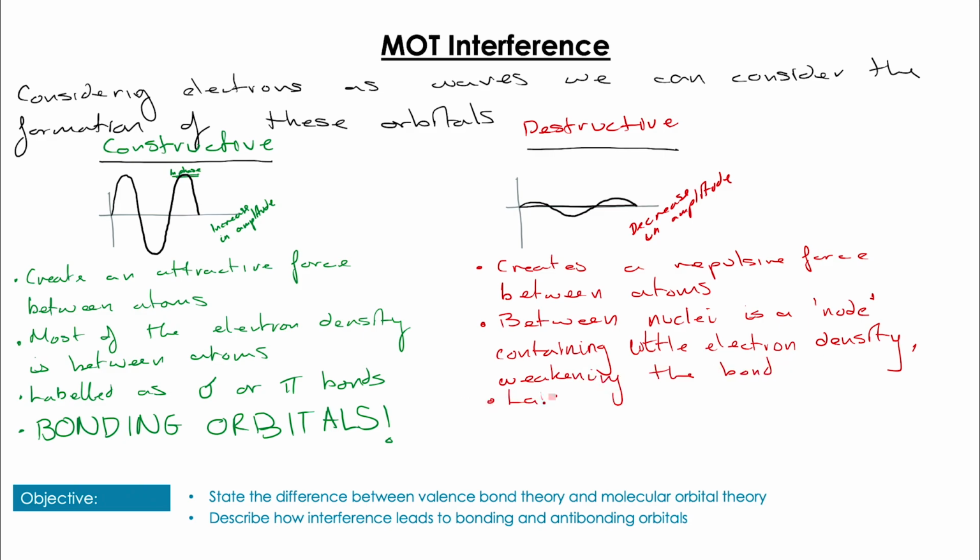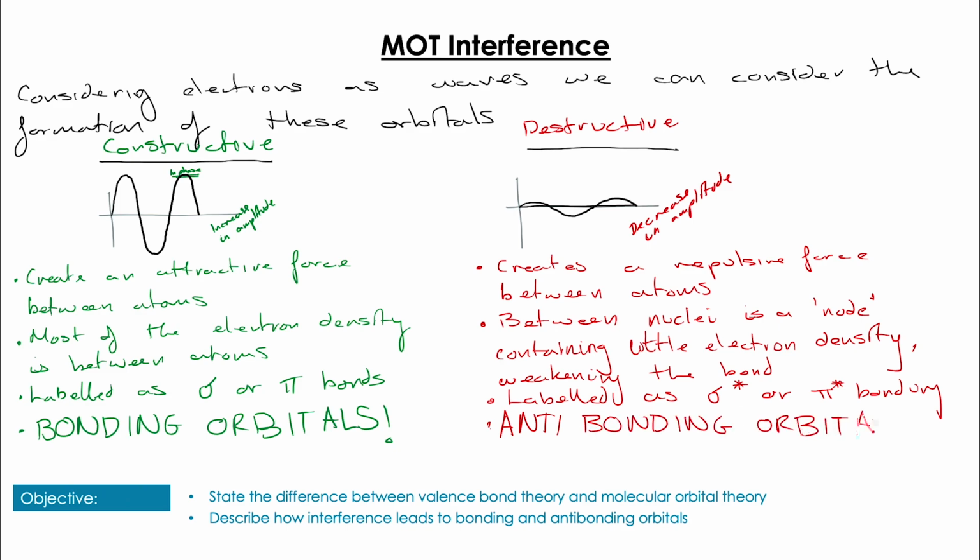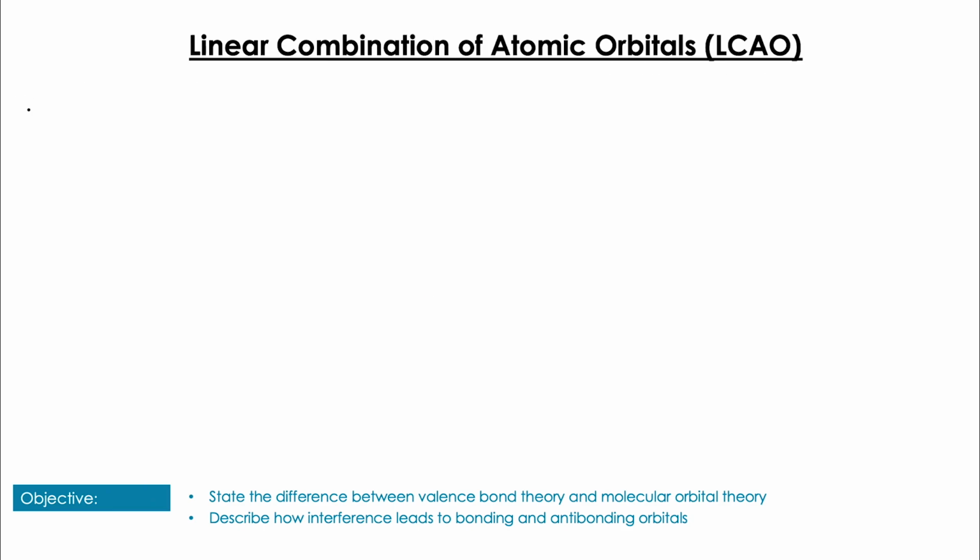So with the inclusion of these nodes, we weaken the bonds. These are labeled as anti-bonding orbitals, using the same signs, sigma star and pi star, the star representing that these are the anti-bonding orbitals of the normal bonding orbitals.